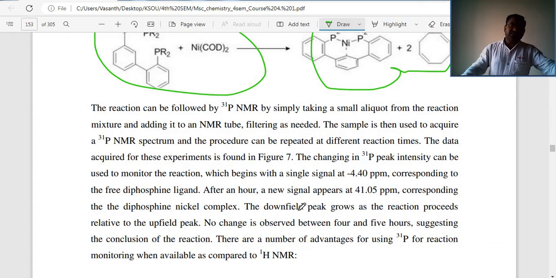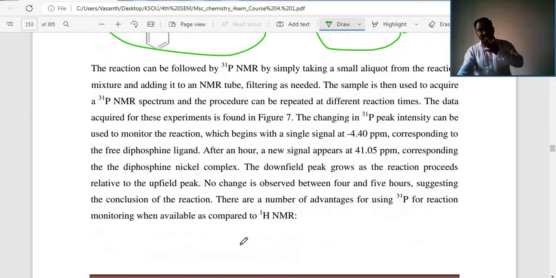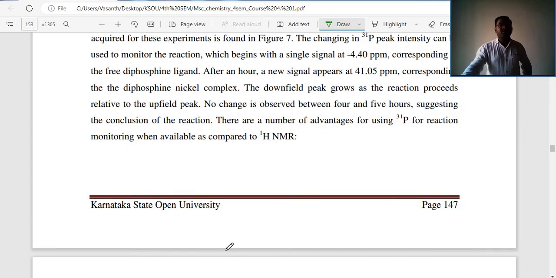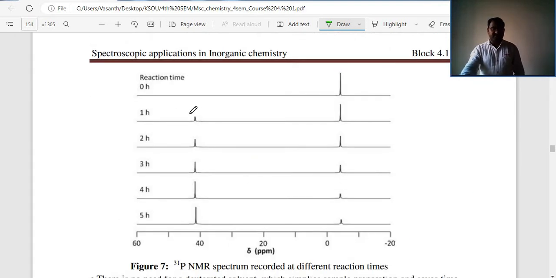We consider some of the peaks with respect to proton as well as phosphorus.